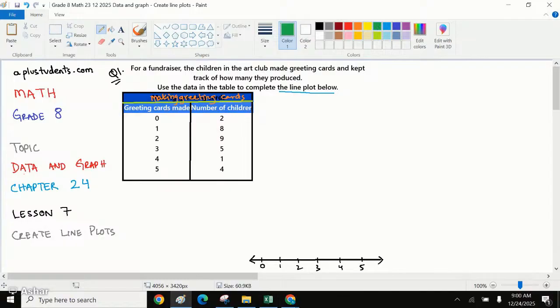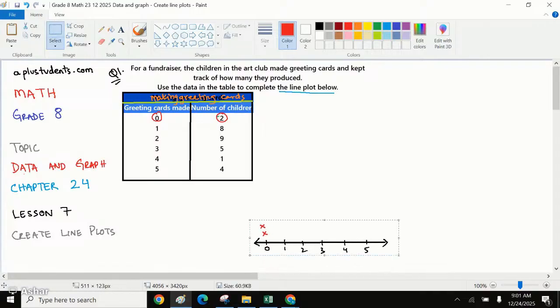Now what we see is there were 2 children who made 0. So we put 2 values of x over here. 0 cards were made by 2 children, right? And we also have to label over here what we are using on the x-axis, horizontal.